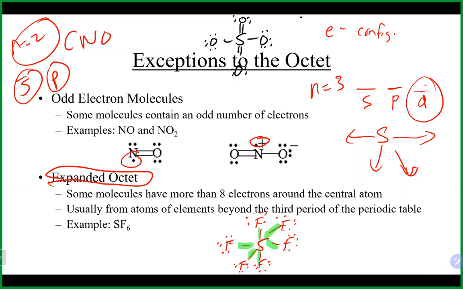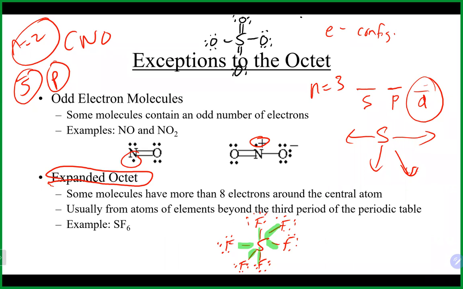So if you follow the octet rule, you will not end up with a picture that looks like that. You'll end up with all single bonds. So make sure in this class you follow the octet rule and our rules. You'll learn in 1A that actually that picture is the better picture than the single bonded version, but for our purposes, you should draw the single bonded version.